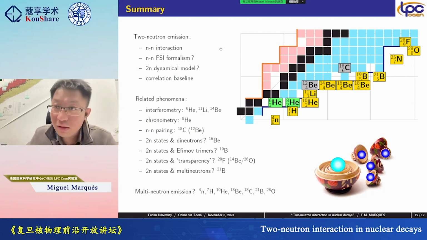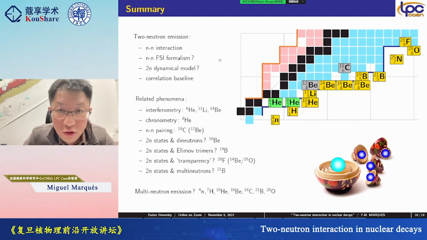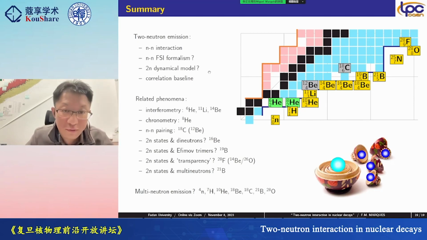Yeah, maybe let me first ask some questions. It's quite interesting to see in this beryllium-14 2+ state and the oxygen-28, all those correlations kind of flat.